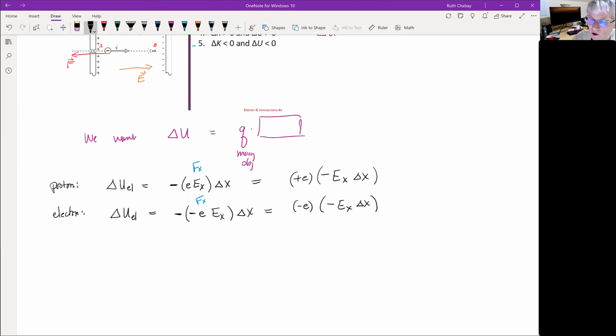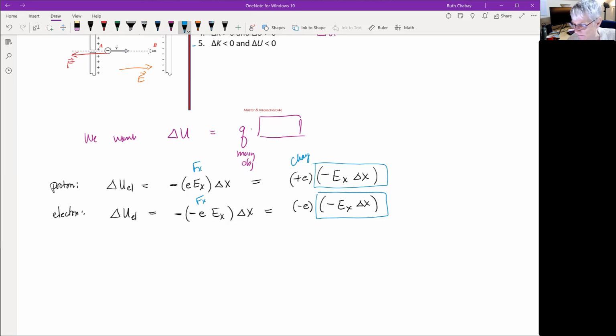Now why have we rearranged this in this odd way? It's because here's the charge of the moving object, and here's this quantity, the negative of the x component of the electric field times the x component of displacement.